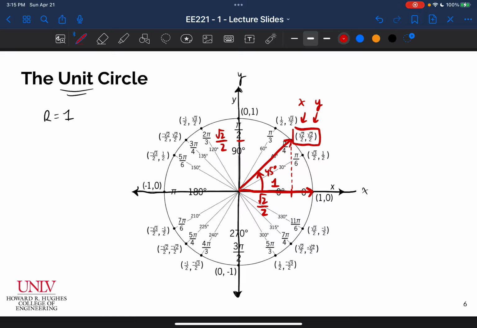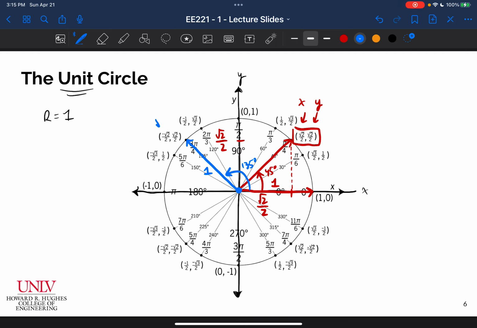Now if I go around, let's go to another one. Let's pick a different color. Let's go to blue. And let's say I'm over here now at 135 degrees. I'm 135 degrees from the x-axis, so that would be my angle. Again, my length is still 1. I'm on the unit circle.